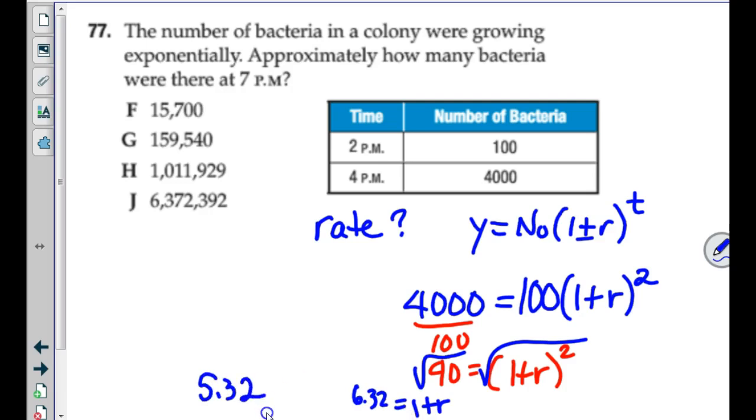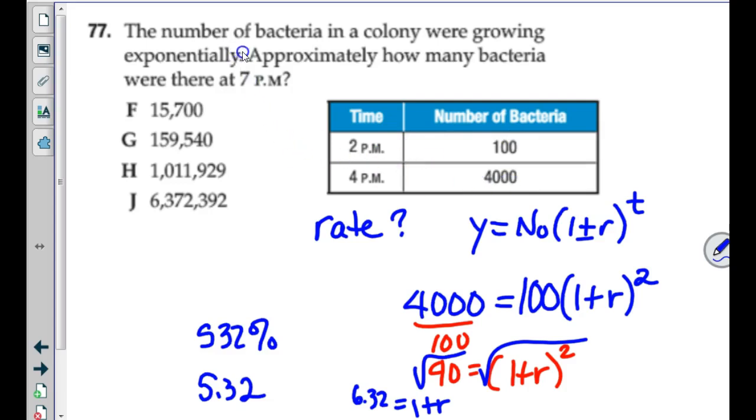What percent of growth is that? Nope. Normally we get like 0.07, right? This is, yeah, this is 532% growth. Does that make sense, guys? It's growing really fast, right?